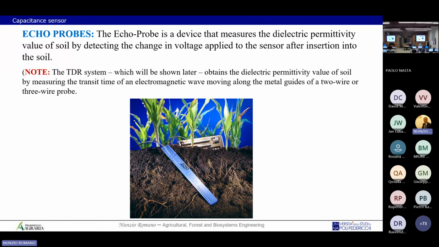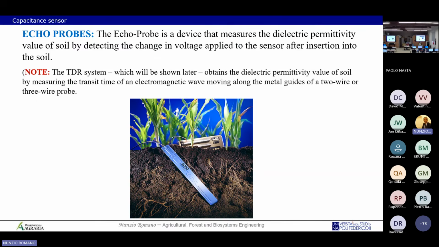indirect measurement of soil water content. So again, just to be clear, now I am presenting the indirect methods that are, of course, not the reference like the direct thermogravimetric method, but have many advantages. The advantage is that you can leave the sensor in the soil and measure continuously or quite continuously the change in soil water content.